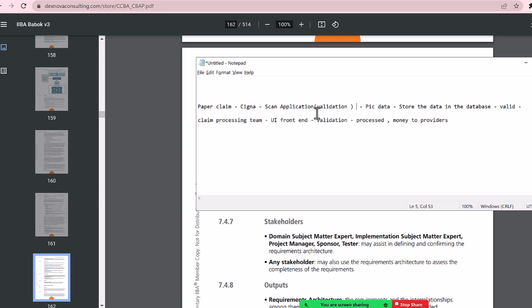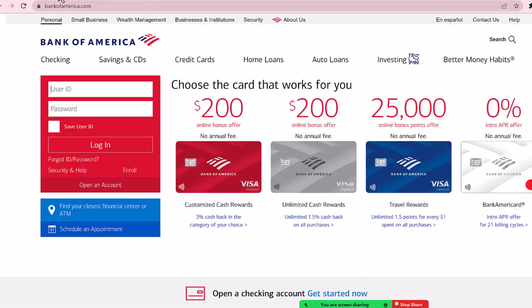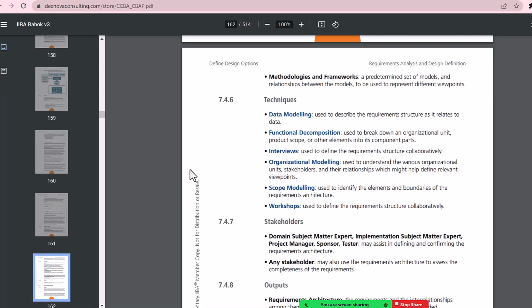And when we scan and figure out that the member ID is invalid, are we emailing all those scanned documents directly to the business? I'm giving you a sample of a requirement, and you need to figure all this out. When we say requirements architecture, you can use any of the techniques, and you need to make sure the business owners understand that if a claim is rejected, it will come to their email ID.